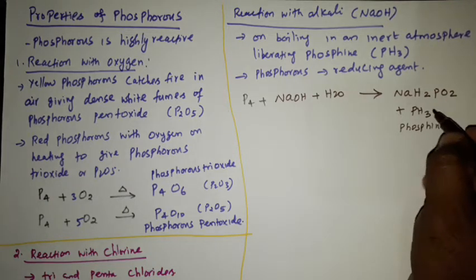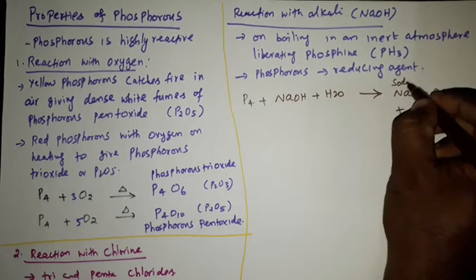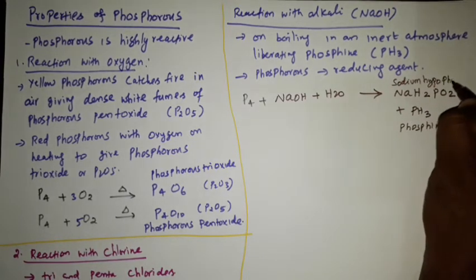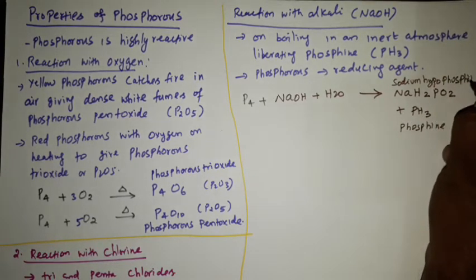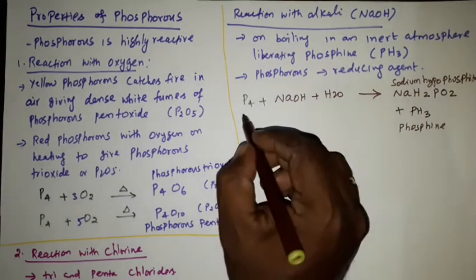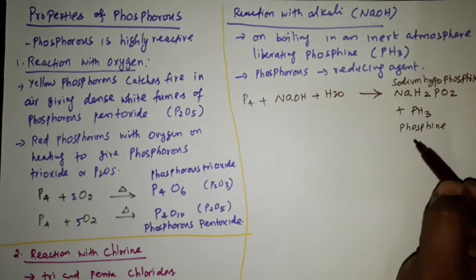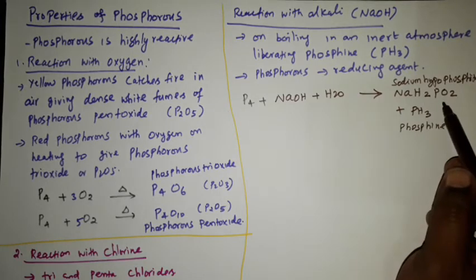So this is phosphorus, sodium hydroxide, H2O, then we are getting phosphine and sodium hypophosphite.